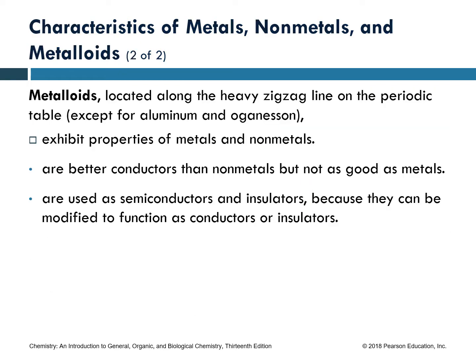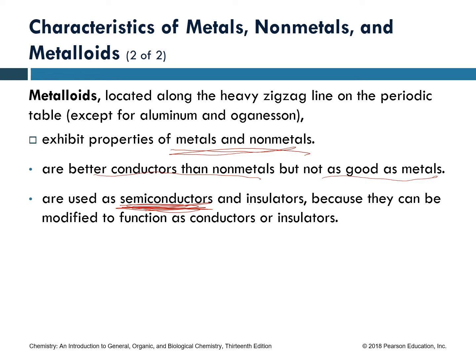And metalloids, on the other hand, exhibit the properties of both metals and non-metals, right? So they are basically somewhere in the middle. They are better conductors than non-metals, but they're not as good as metals. So they're in between metals and non-metals. They're also called semiconductors. Semiconductors is something that you might have heard commonly used in most of the chips, right?